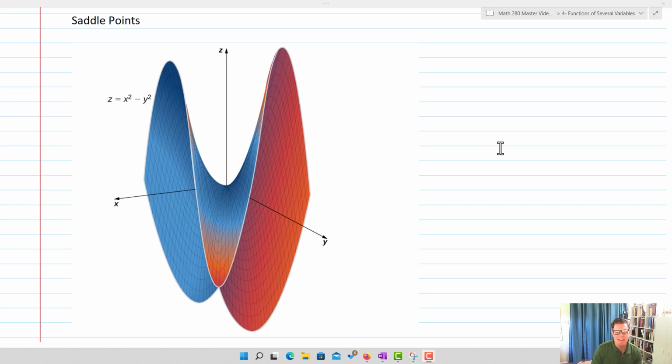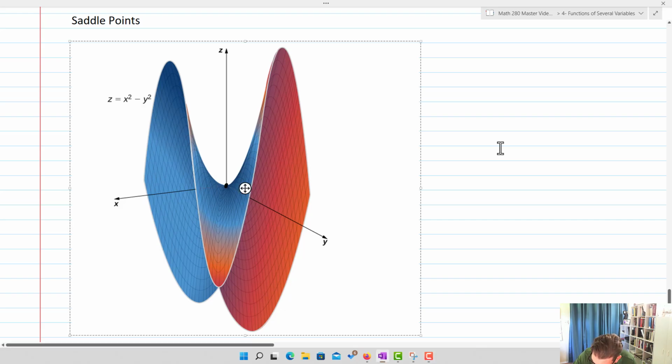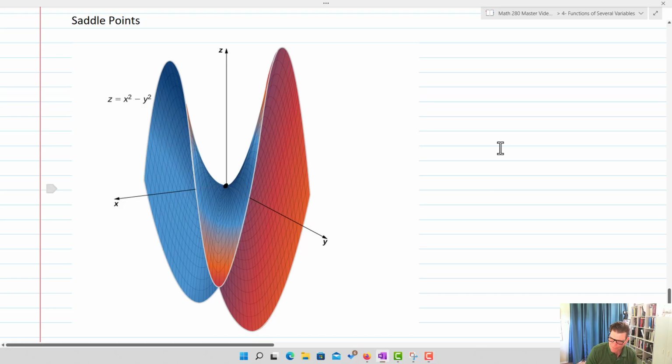So we've got this thing called a saddle point. It's called a saddle point because it looks like a saddle, if you know anything about horses. Let's imagine that we're right at that point. It turns out to be a critical point, right at the intersection, x equals 0, y equals 0, z equals 0.